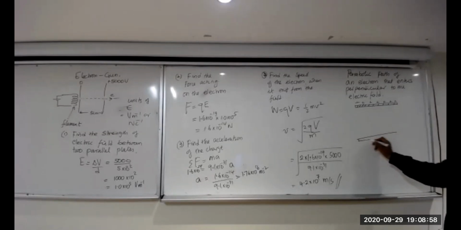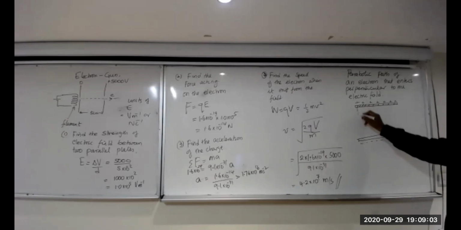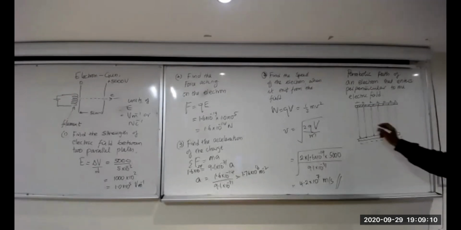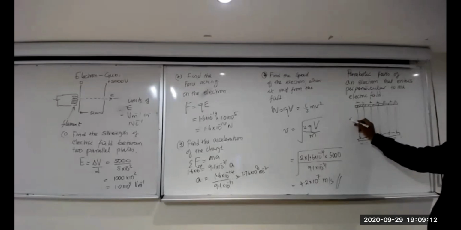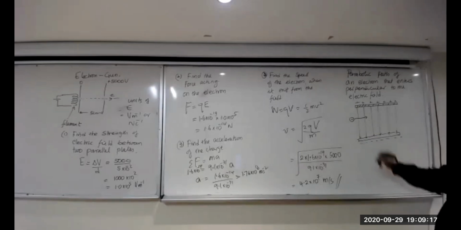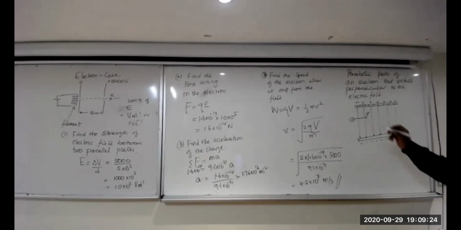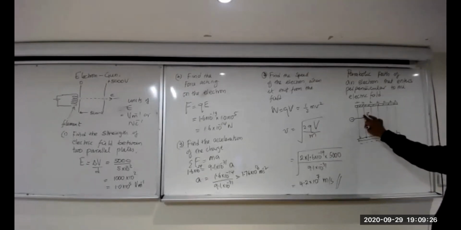The gravitational force is insignificant because of the very light mass here. That's the field. Let's say you're shooting the electron with a certain speed. When you shoot the electron, once it enters the field, it will experience a downward force.